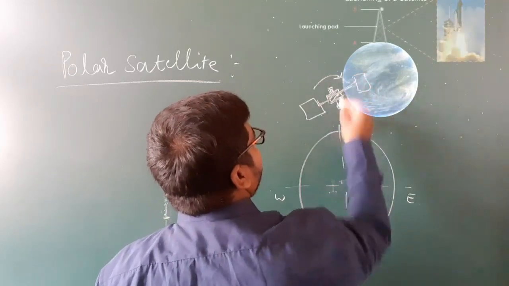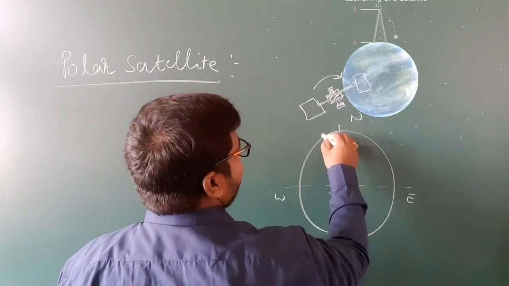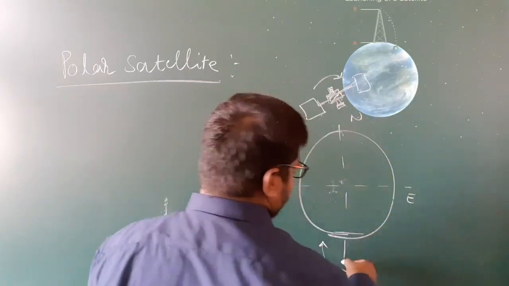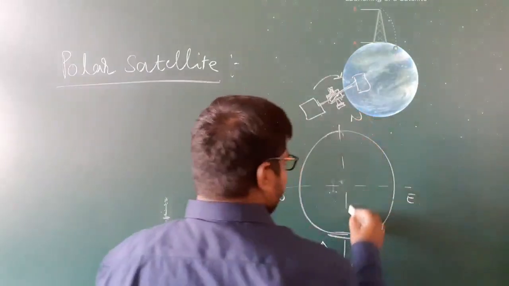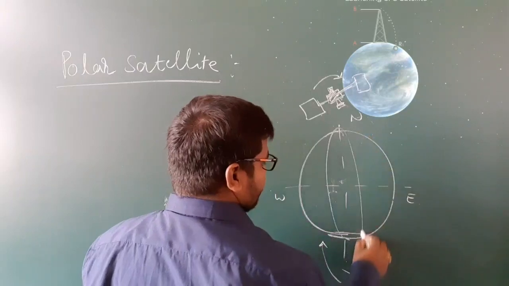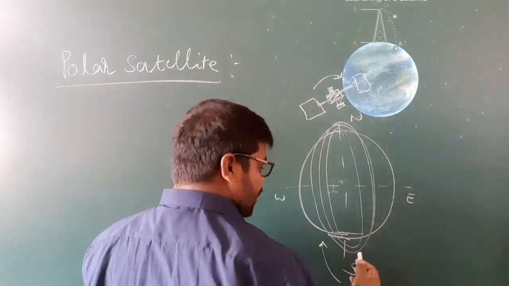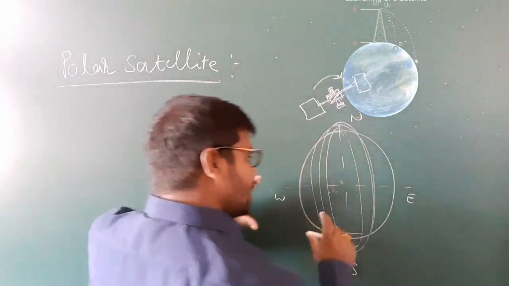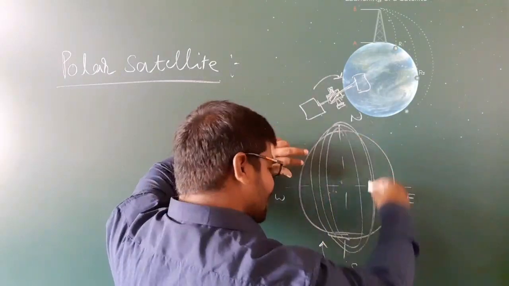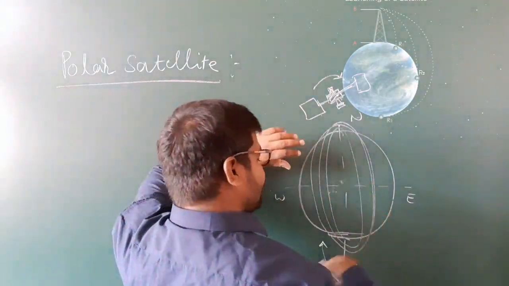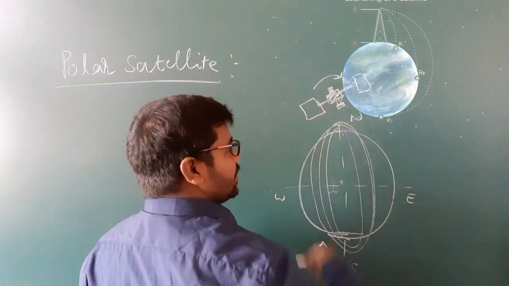At the same time, the Earth rotates about its own axis, and the satellite always passes over the poles like this.